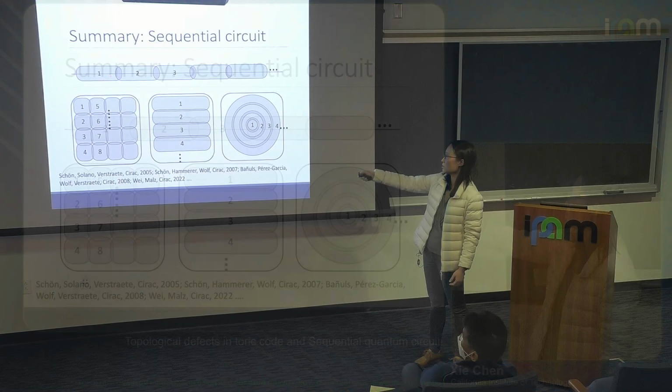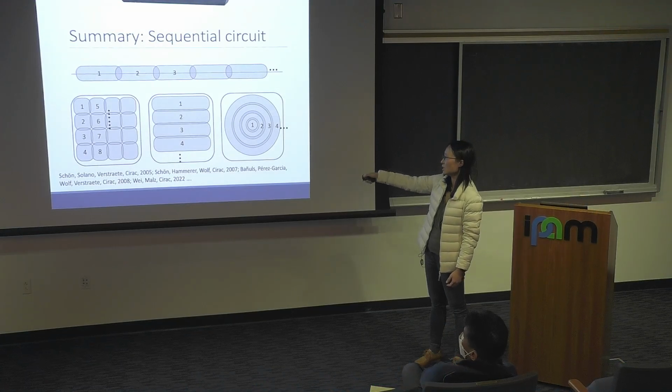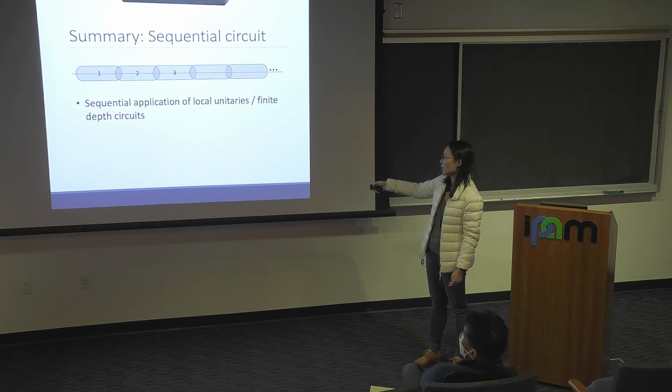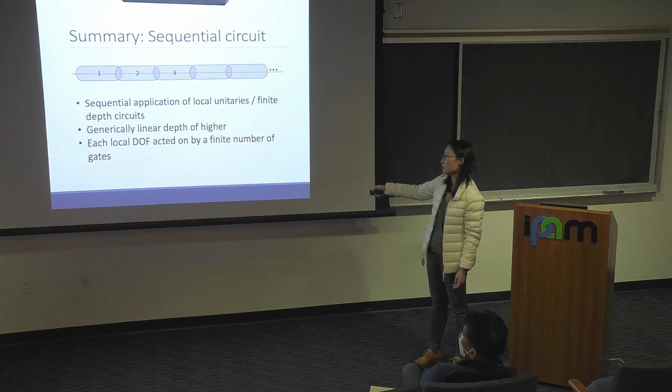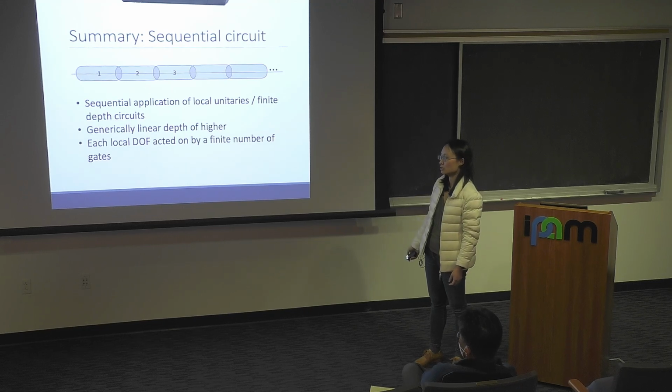So in one dimension, the sequential circuit, of course, you can move from left to right, and then in two dimensions, there can be different patterns, like patch by patch or strip by strip, and it involves some sequential application of local unitary or finite depth circuit. In general, there's linear depth, but it's far from a generic linear depth circuit because each local degree of freedom is only acted upon by a finite number of gates. That's the general feature that we require for these sequential circuits. Basically, we gave that as a definition for sequential circuit.